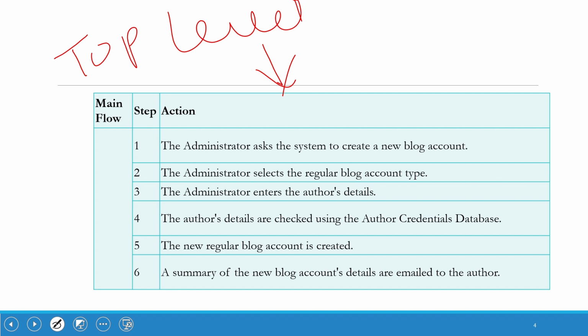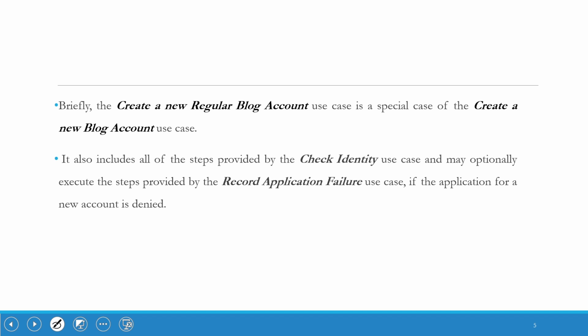We have to convert this top level sequence diagram into the low level sequence diagram. Briefly, the create new regular blog account use case is a special case of the create new blog account use case.